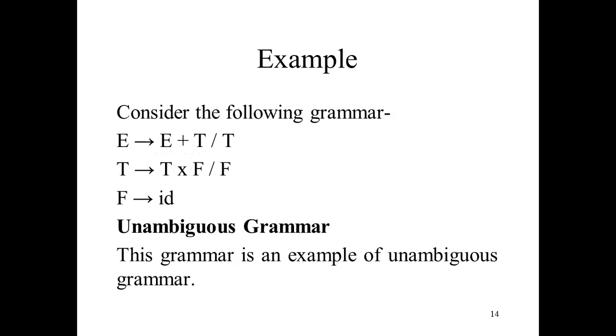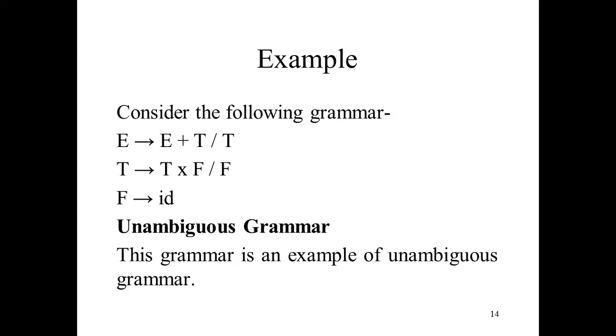So now we are again considering one example. Consider the following grammar: E = E + T | T. Okay. We can break our expression as per the need of the string provided, and then we can replace the expression as per the need of the given string.